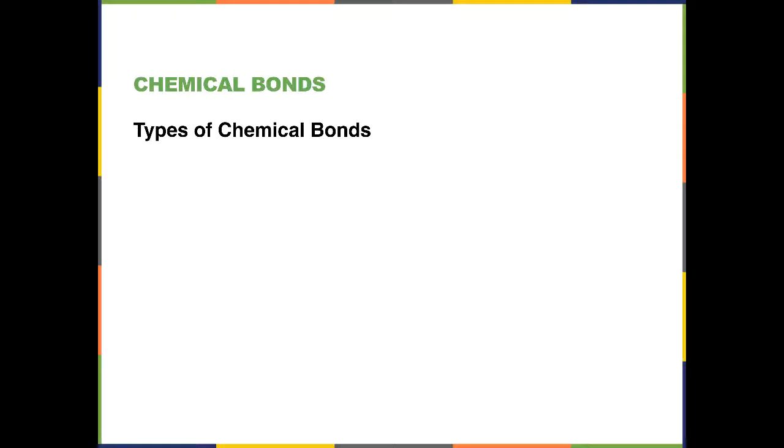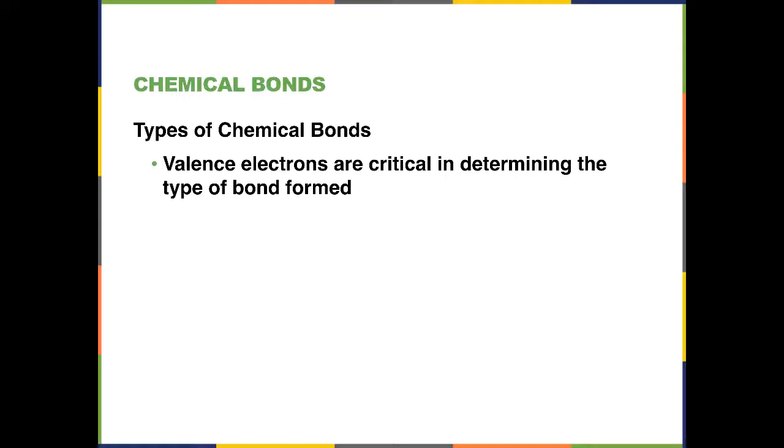So the types of chemical bonds are as follows. First of all, an understanding of the valence electrons is critical in determining the type of bond that will be formed. Valence electrons, in case you don't remember, because I think we've talked about them before, are those outer shell electrons on any particular atom.